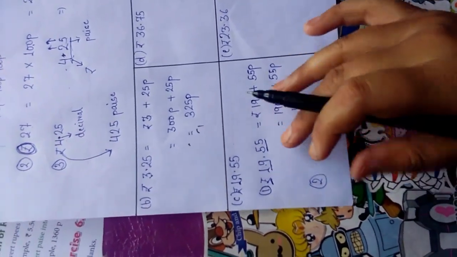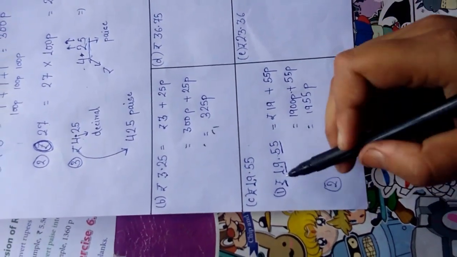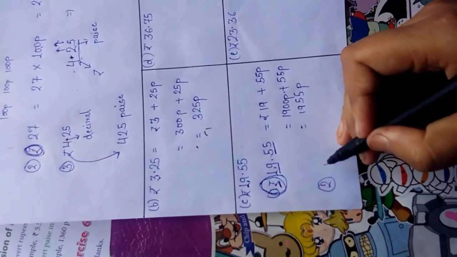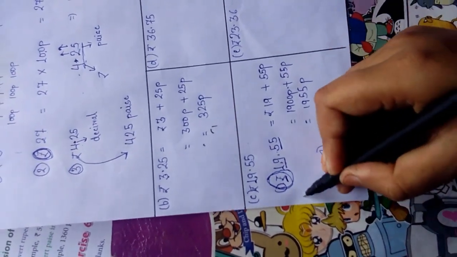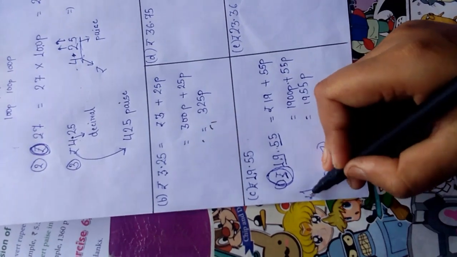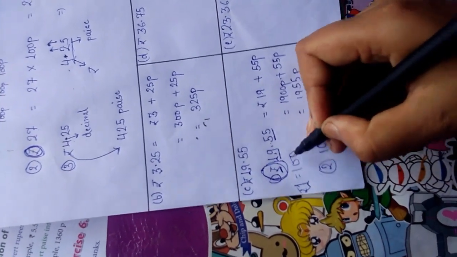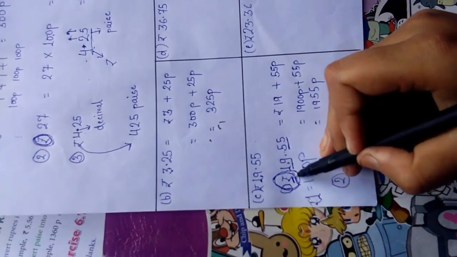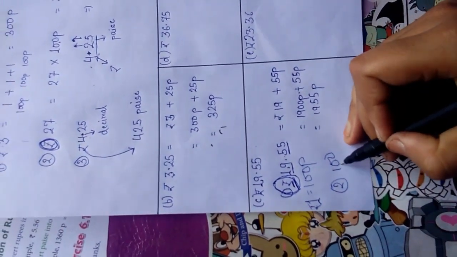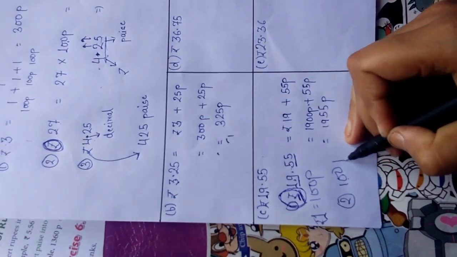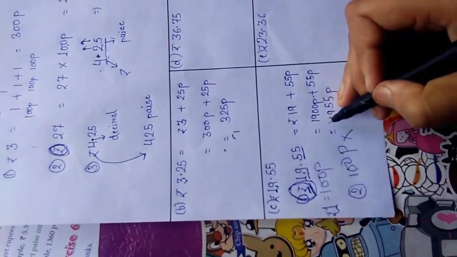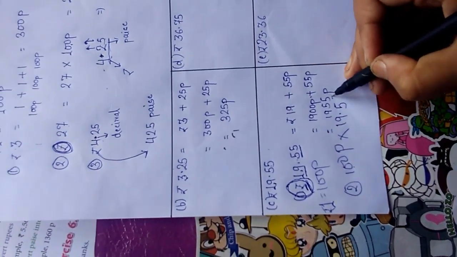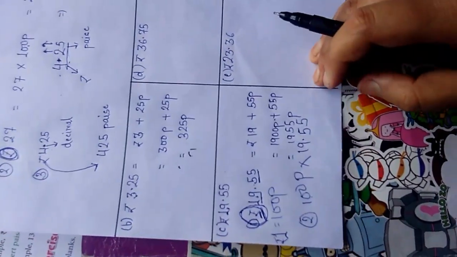we just simply multiply this number, because in the place of this rupee we can write 100, since we know that 1 rupee is equal to 100 paise. Hence in the place of this 1 rupee we write 100 paise and multiply by this number 19.55.